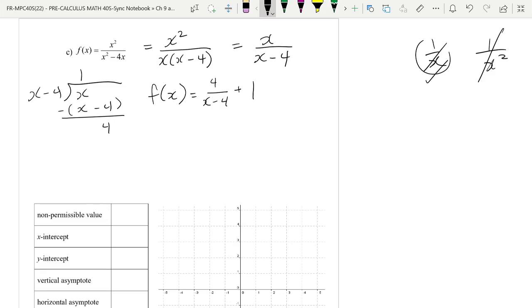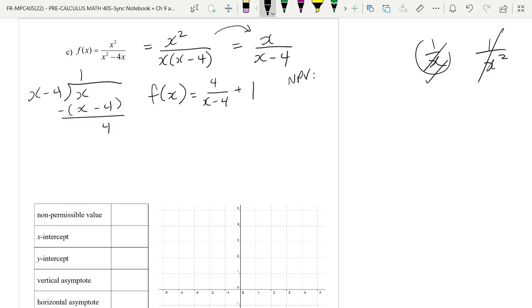Okay, so what do I know just by looking at all of this? Well, let's keep track of everything. There's a lot to keep track of here. How about we keep track of what we did up here first? What did we do when we went from this step to this step? I divided x by itself, right? I canceled an x. But that took away a non-permissible value, right? I had 2 non-permissible values when I started before that cancel.